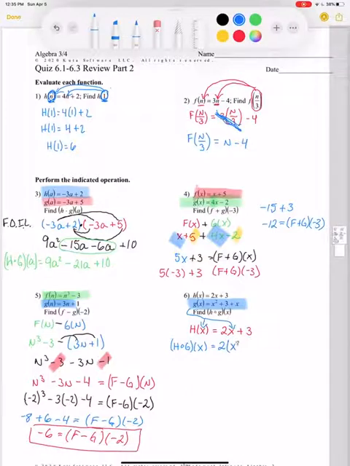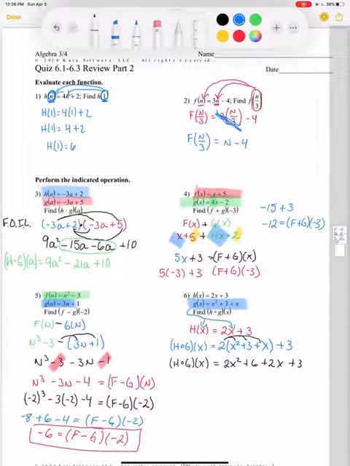So x squared plus 3 plus x, close the parenthesis, and then add that 3 that was right here. You have to bring that with you. It's part of h, needs to be there, okay? Now all we're going to do is distribute our 2, and then we're going to simplify. So I'm going to distribute. H of g of x equals 2x squared plus 6 plus 2x, and we have the plus 3 at the end.